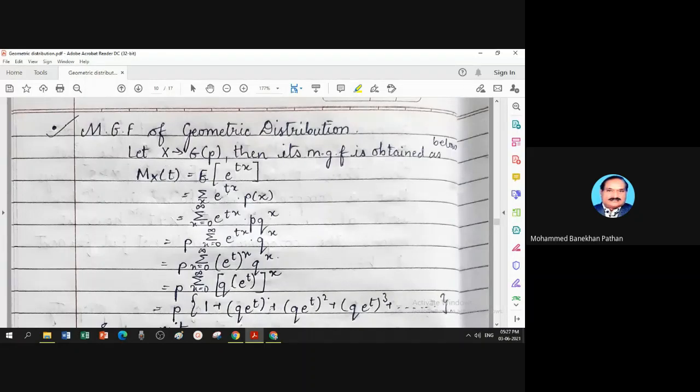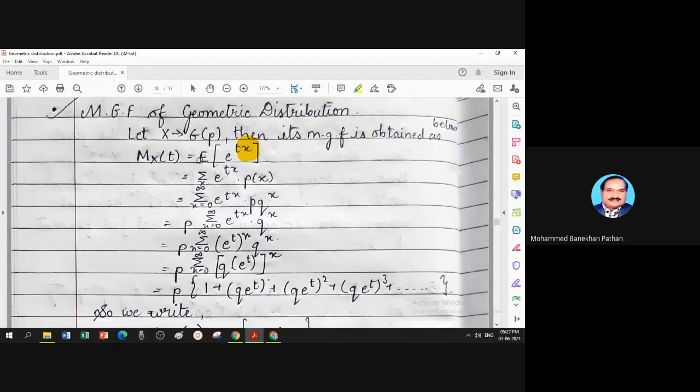By definition, it is the expected value of e to the power t times capital X. Always remember, inside expectation, random variables should be written in capital.